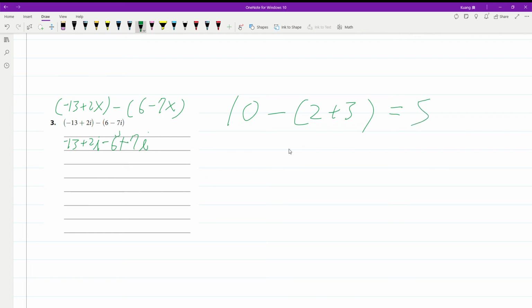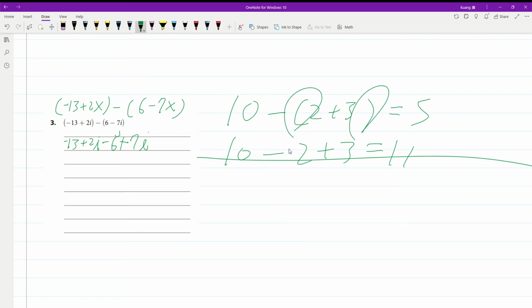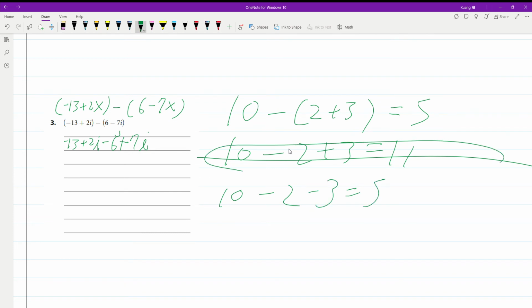It doesn't equal 10 minus 1 plus 3. This equals 11. So it's different. So when you remove the parentheses, remember the negative sign in front of it. So 10 minus 2 minus 3 equals 5. This is correct. Okay, the middle one is wrong.